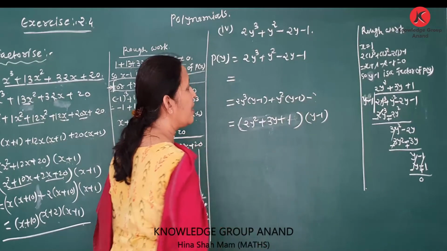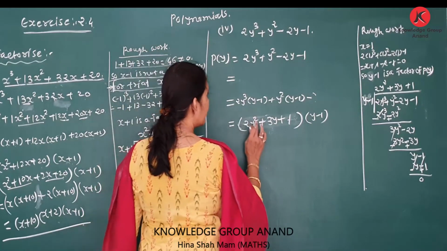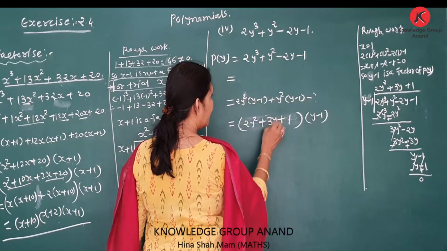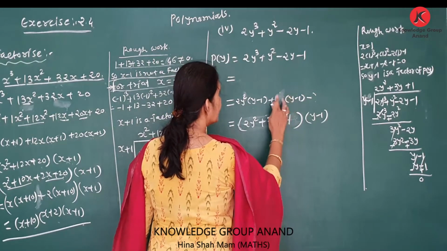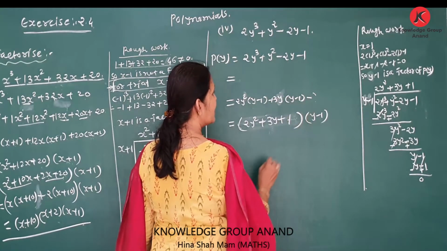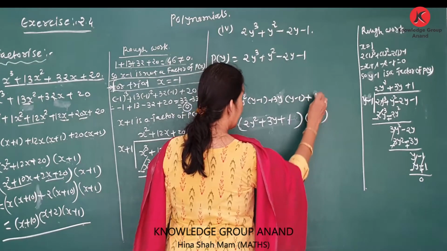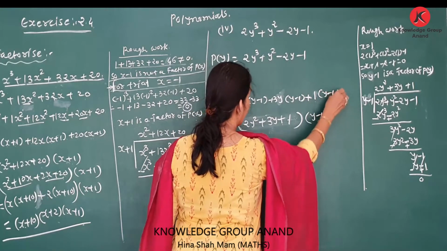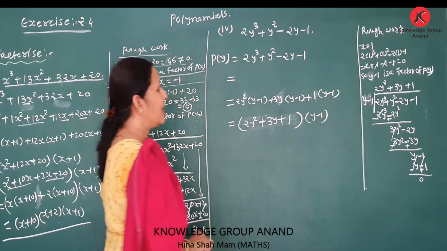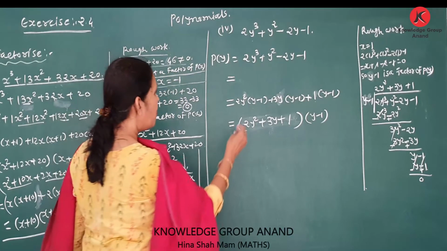I write the dividend as 2y square into y minus 1 plus 3y into y minus 1 plus 1 into y minus 1. Clear? Now multiplication.